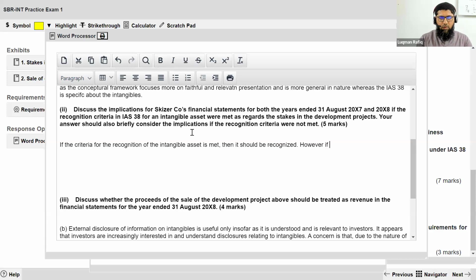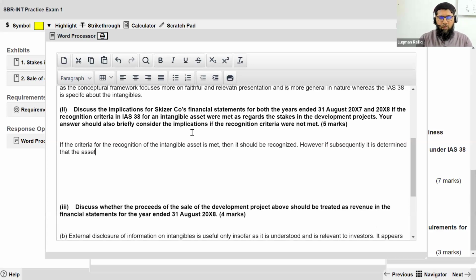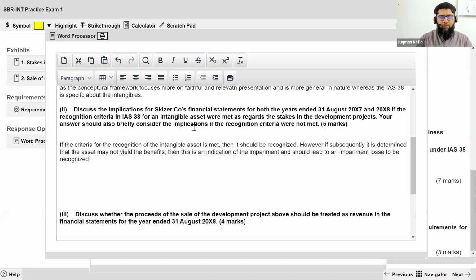However, if subsequently it is determined that the asset may not yield the benefits, then this is an indication of impairment and should lead to an impairment loss to be recognized, right?